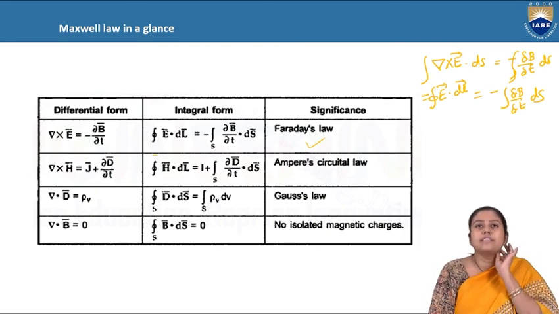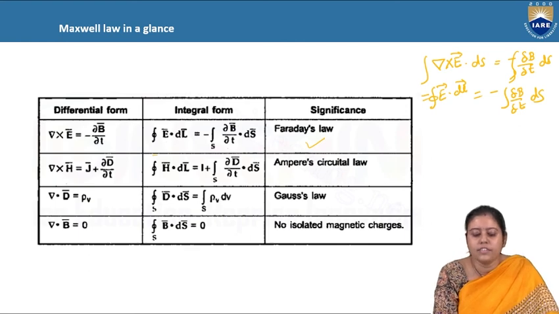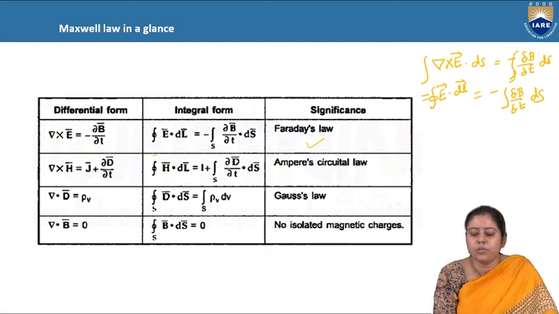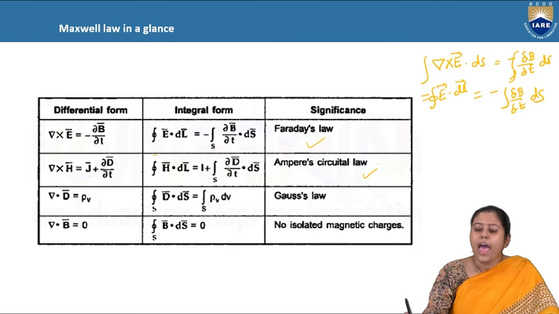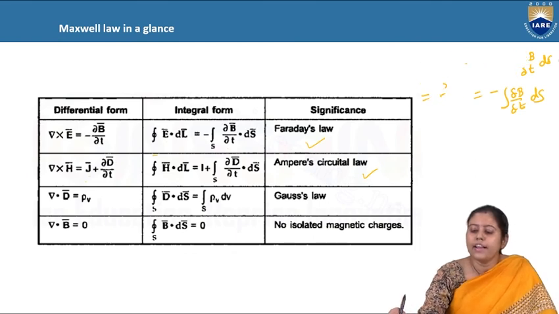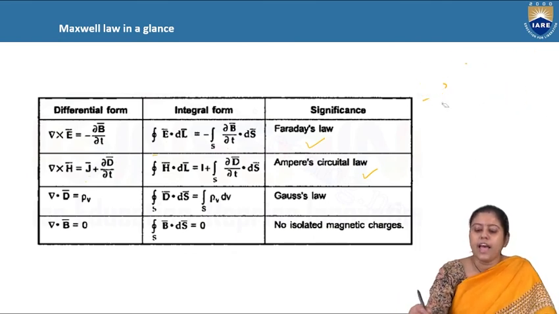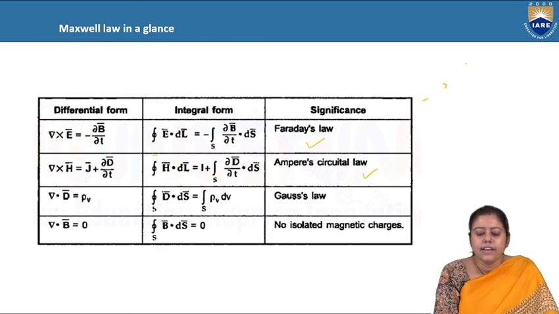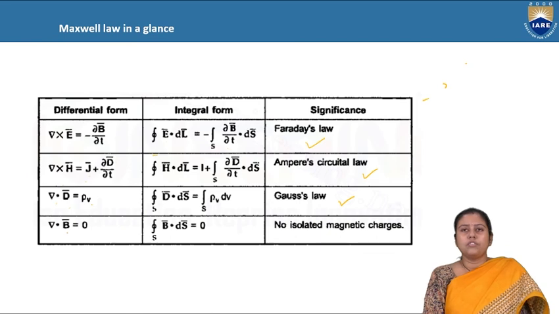Again, we have discussed this equation, grad cross H is equal to J plus del D by del T. This is known as the Ampere circuital law for the time varying field. Next, grad dot D is equal to rho V. Similarly we can change it according to the Stokes theorem, that it is the Gauss law, and grad dot B is equal to 0.